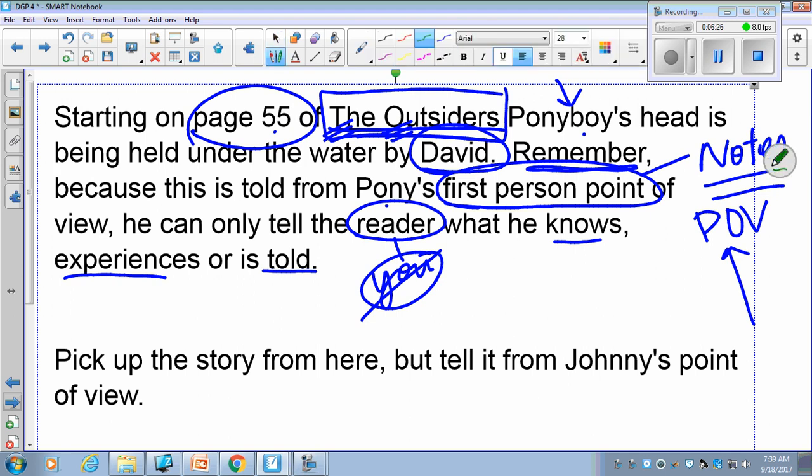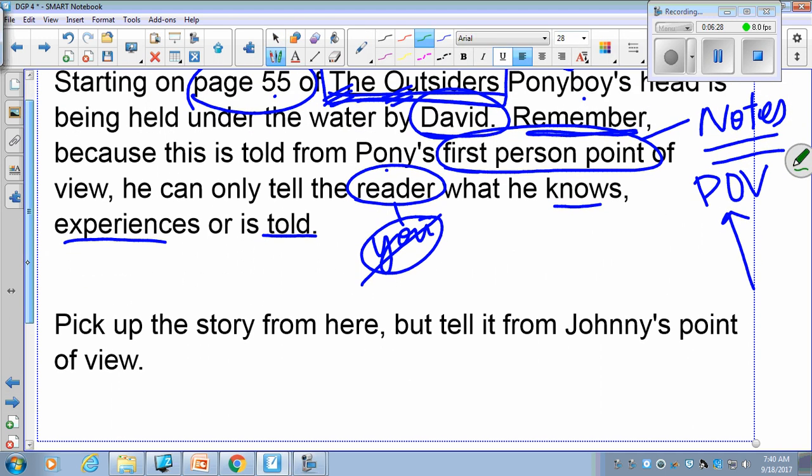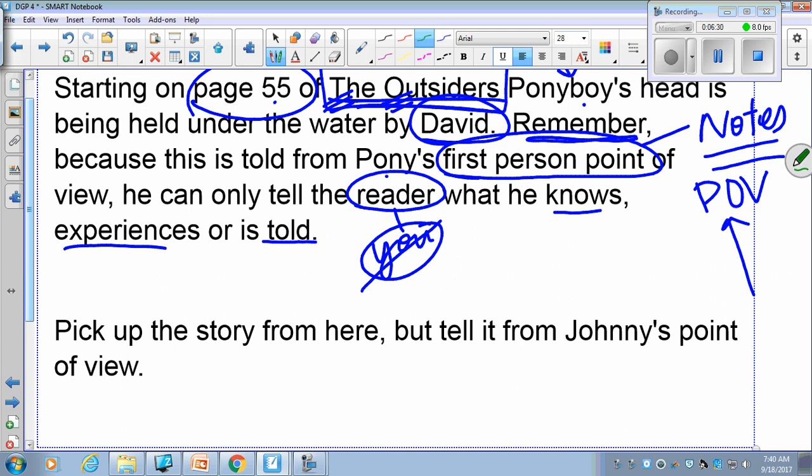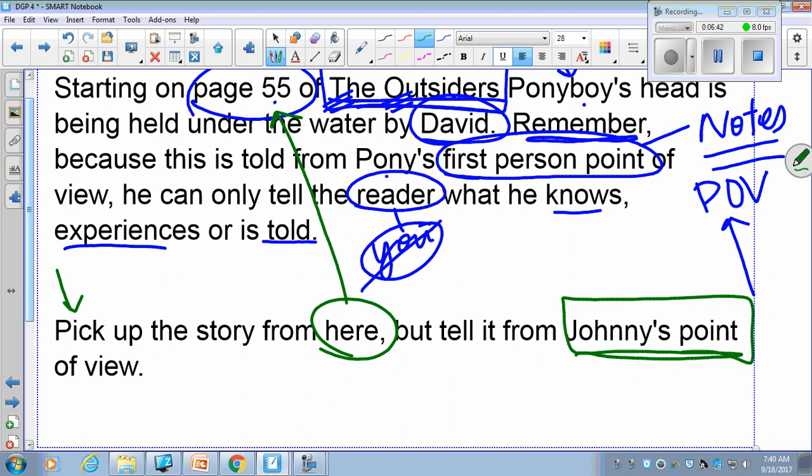That is one of the problems with first person point of view. So your prompt is: pick the story up from here, that's page 55, but tell it from Johnny's point of view. Remember, Ponyboy's head is underwater, but Johnny's head is not, and that's where we have all the action.